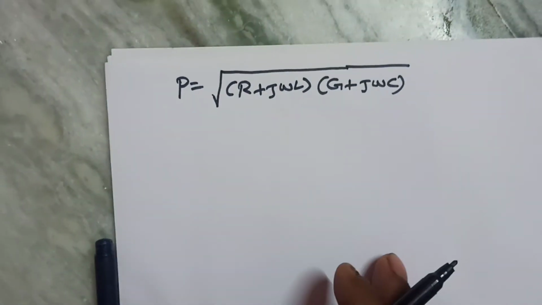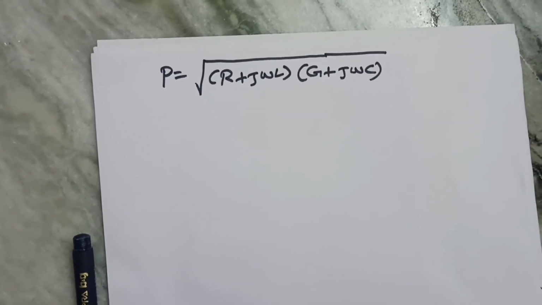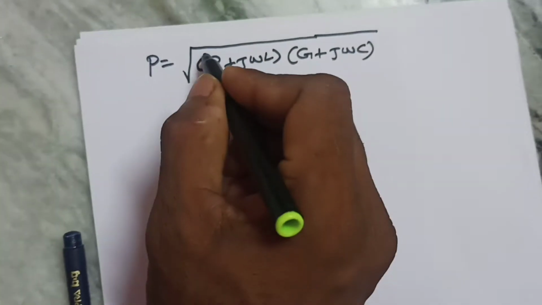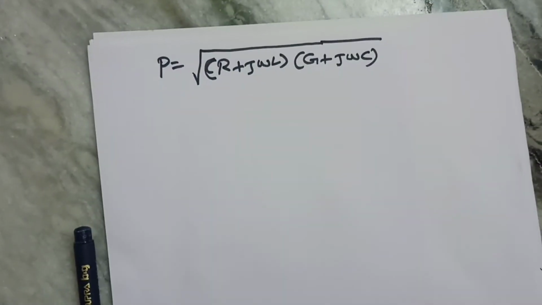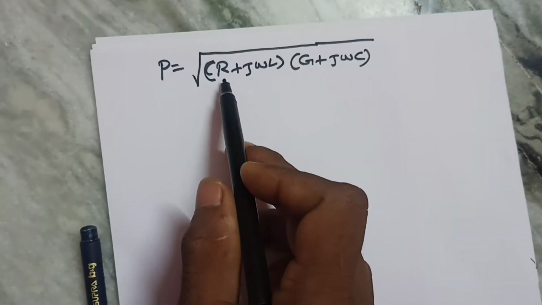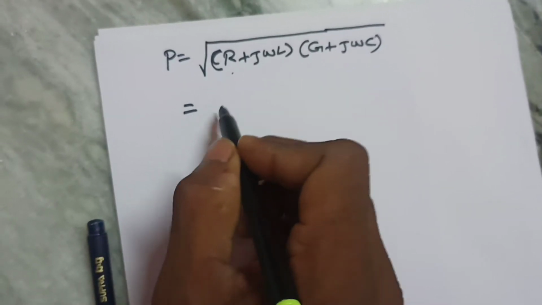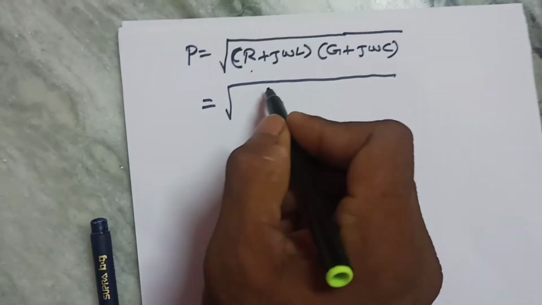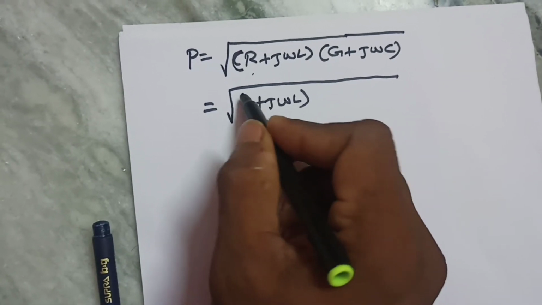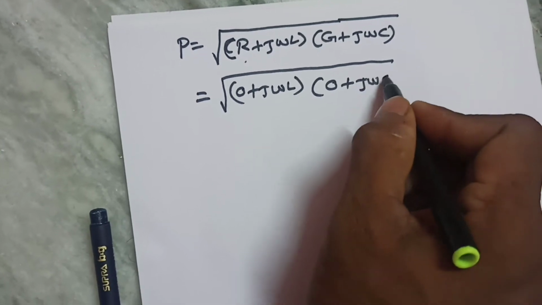This is the formula for the propagation constant. In the place of R and G, we substitute 0. Then it becomes square root of (0 + jωL) into (0 + jωC).